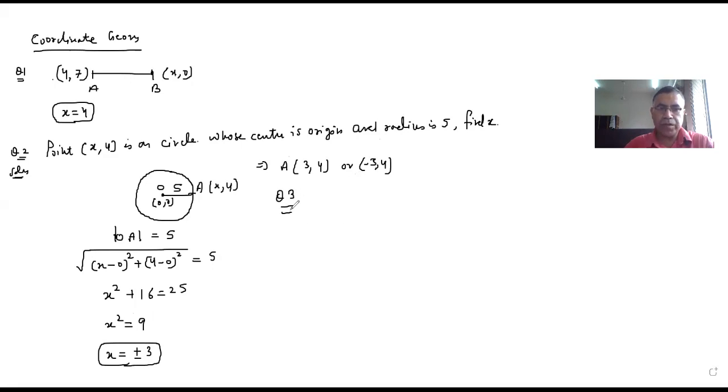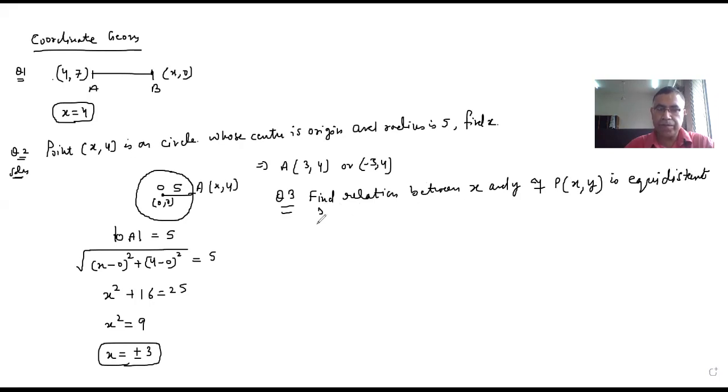Question number 3. Find the relation between x and y if point P (x, y) is equidistant from A (5, 1) and B (minus 1, 5).